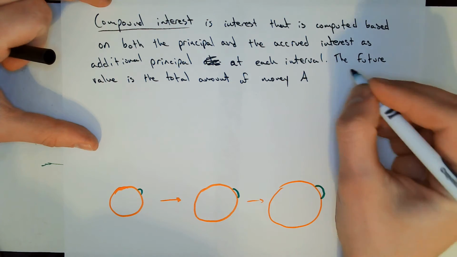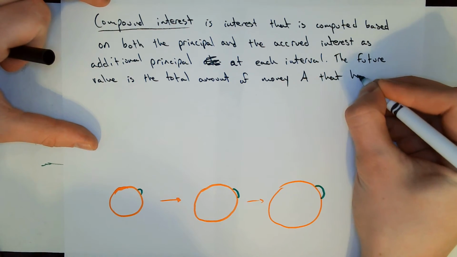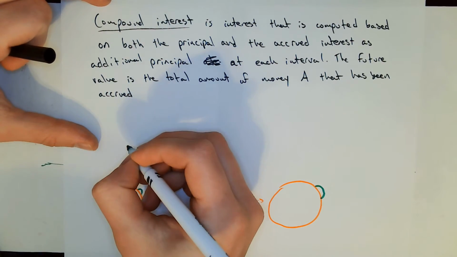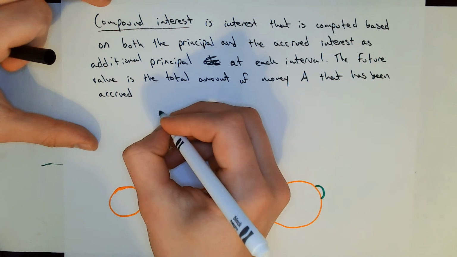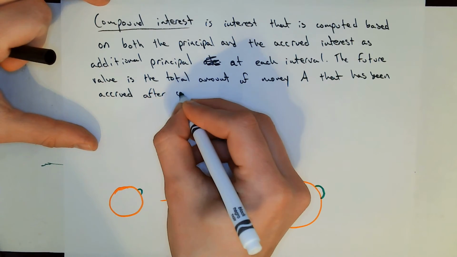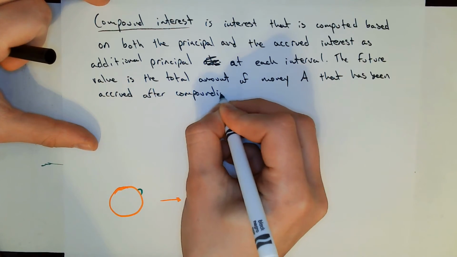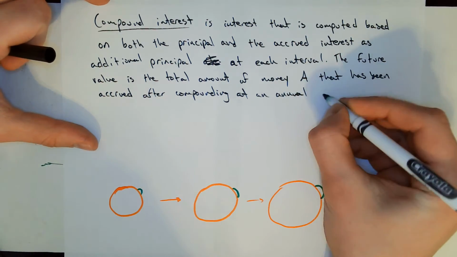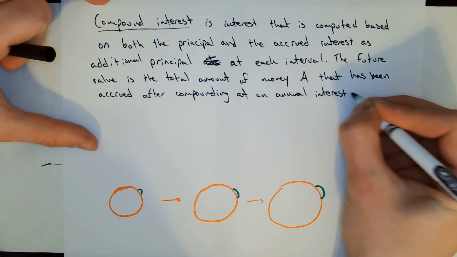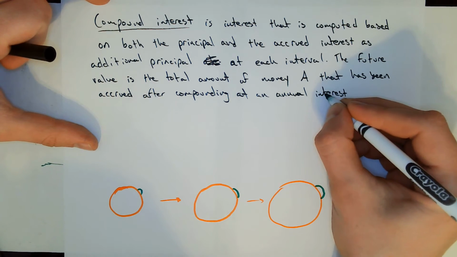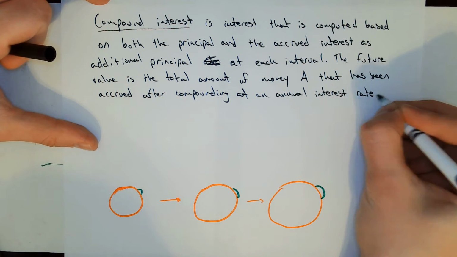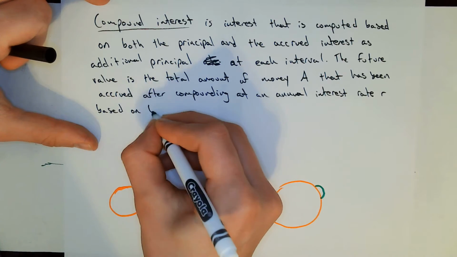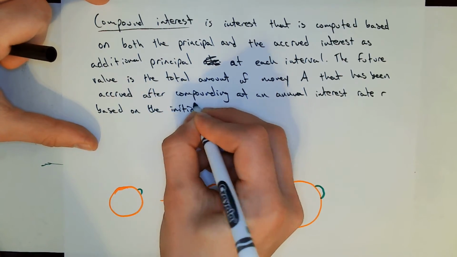Total amount of money, A, an annual... It's a long definition.